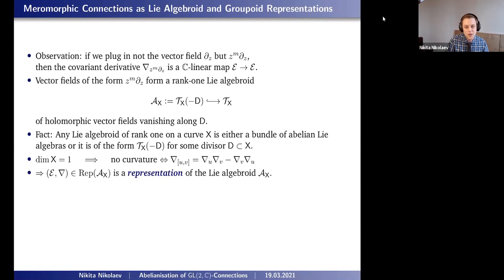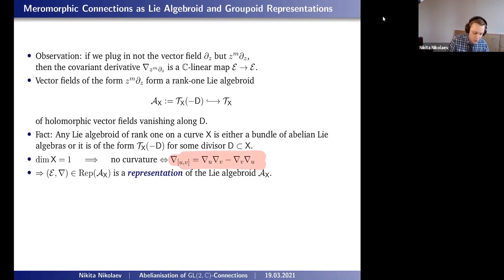The curvature is a degree 2 differential form, and on a complex manifold of dimension 1, there are no degree 2 differential forms. So curvature just trivially vanishes. And of course, having no curvature is the same as this equation, which you can interpret as saying that the covariant derivative, interpreting my connection as a covariant derivative, preserves the Lie bracket. So it's a Lie algebra homomorphism.